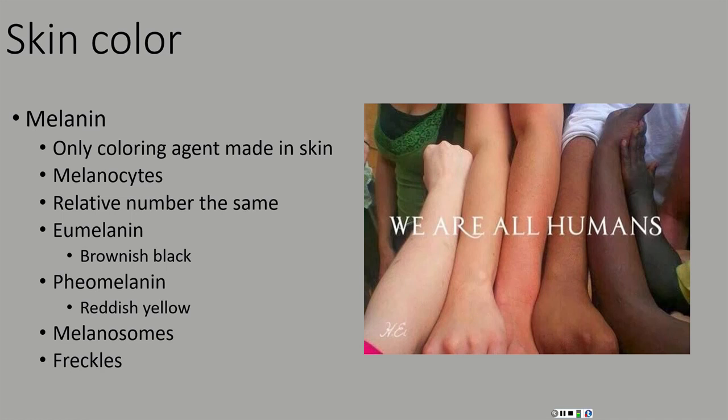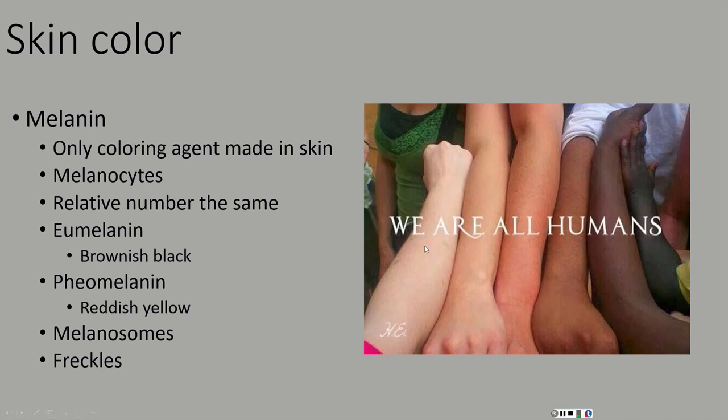Now, an interesting thing about melanin is regardless of your race, regardless of your skin color, the relative number of melanocytes is the same. There is no difference in race when we look at melanocytes.